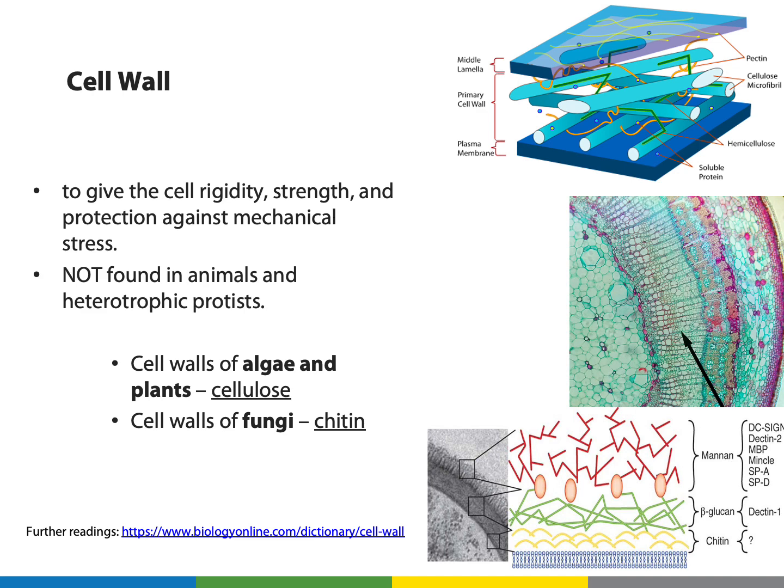Since the plasma membrane is considered a fragile layer that cannot provide similar protection against different environmental conditions, additionally, cell walls are responsible for providing distinct shapes of the cell. When the internal pressure inside the cell increases due to the entrance of water, the cell wall prevents expansion and rupture of the cell.